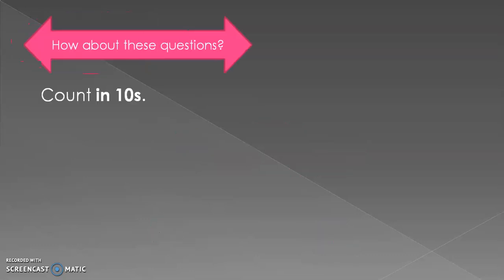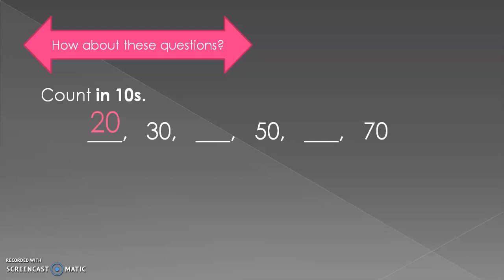How about these questions? Let's try counting this in tens. Now, the first number we don't know, but 30, if you count backwards from 30, you get 29, 28, 27, 26, 25, 24, 23, 22, 21, 20. Okay?